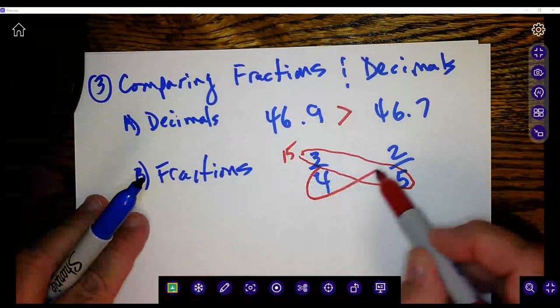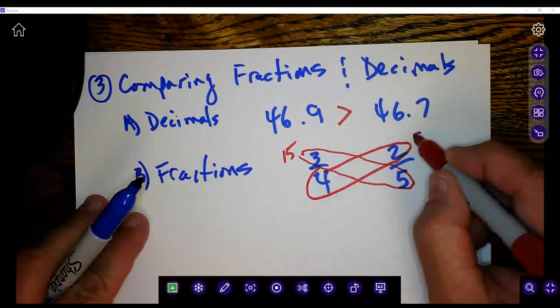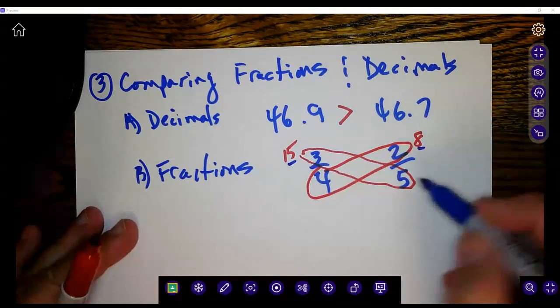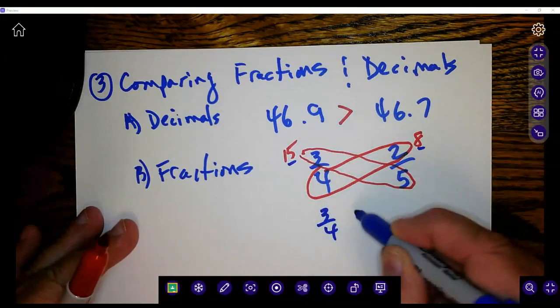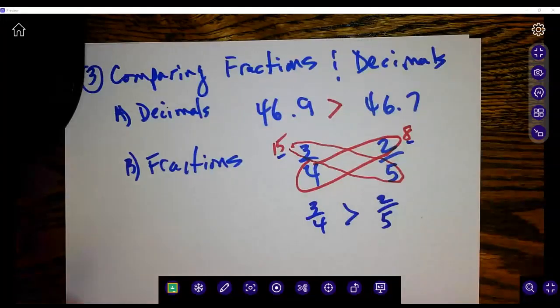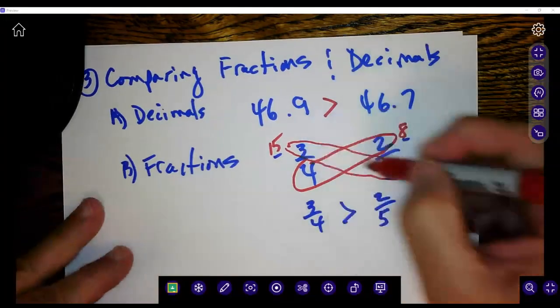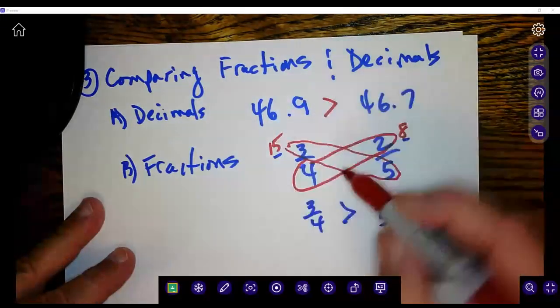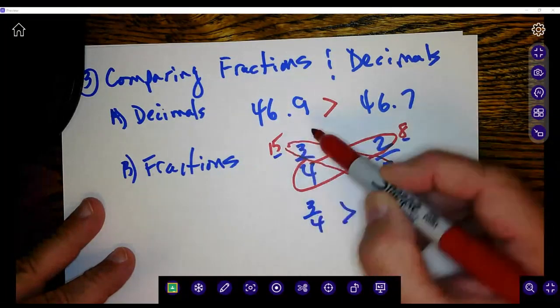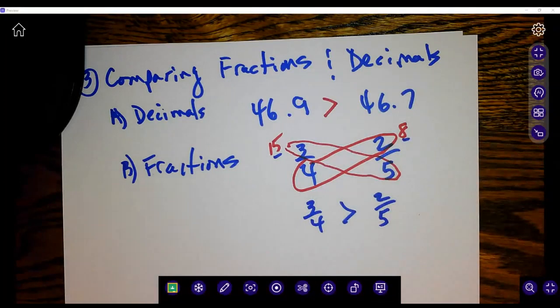And then we take these two numbers and multiply them together and get 8. And so since 15 is bigger than 8, then 3/4 is bigger than 2/5. So that's why you have to do this in this order: 5 times 3, 4 times 2, and then whichever number is bigger, that fraction is the biggest number.